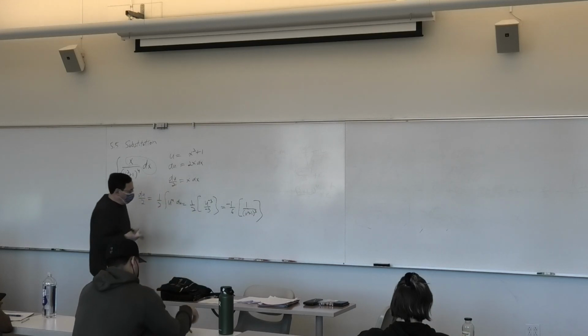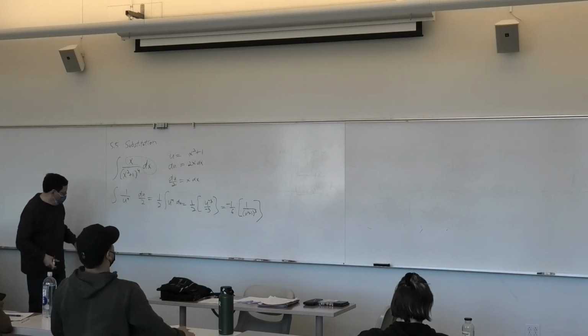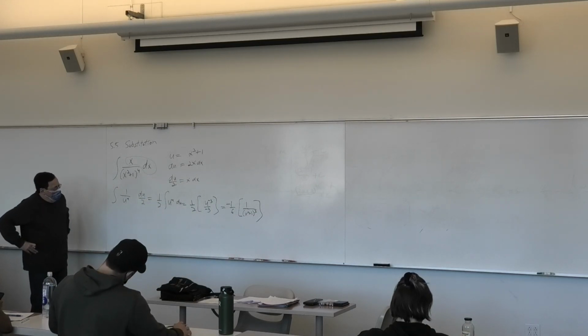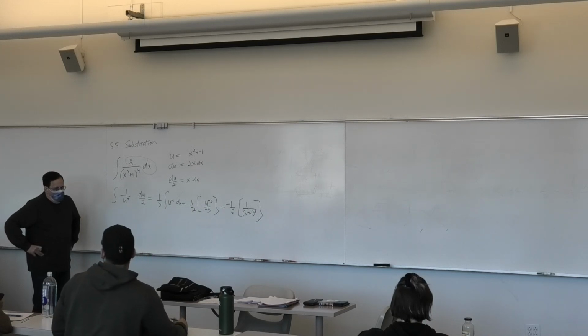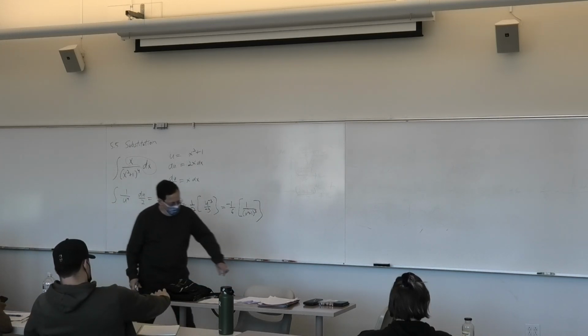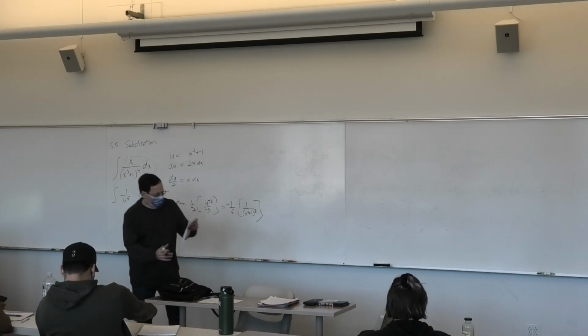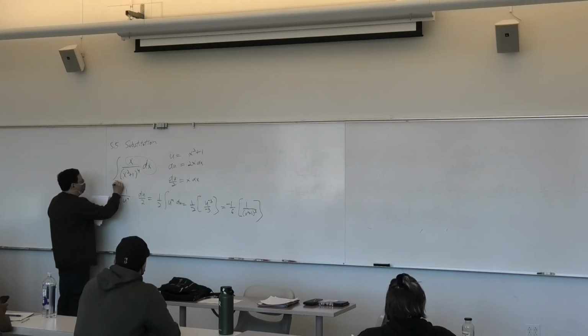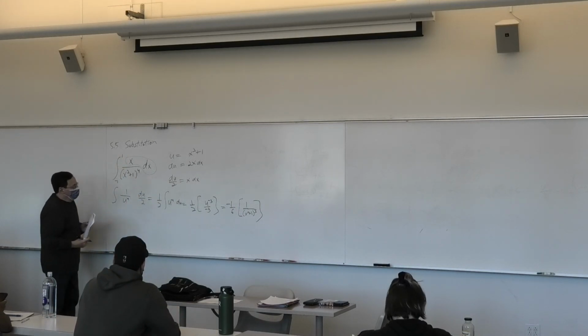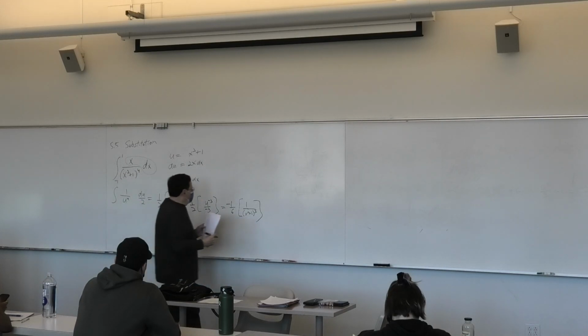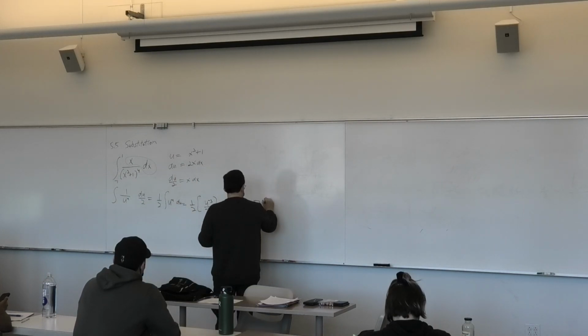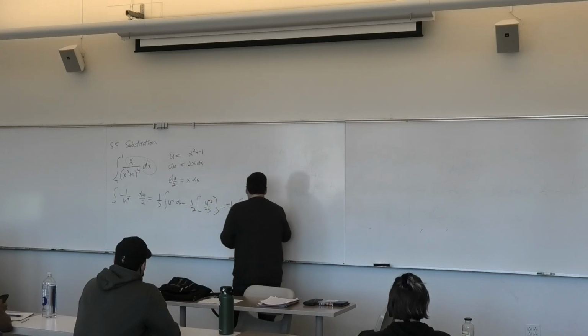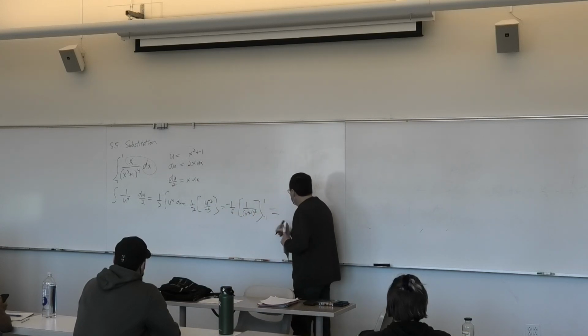Now, as it turns out, the problem actually they wanted us to do here is a little bit more. They wanted this as a definite integral, which, okay, that's not that hard to figure out at this point.